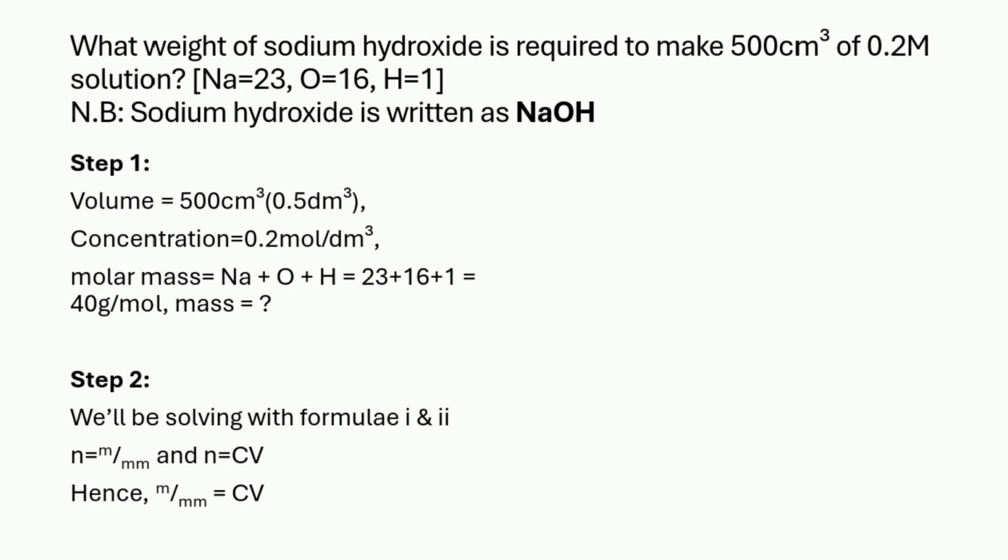The weight is the same as the mass, so we are looking for the mass. We have the two formulas we learned: mole equals mass over molar mass, and mole equals concentration times volume. So we can equate mass over molar mass to concentration times volume, which leads us to the third step. Let's play around with the formula.